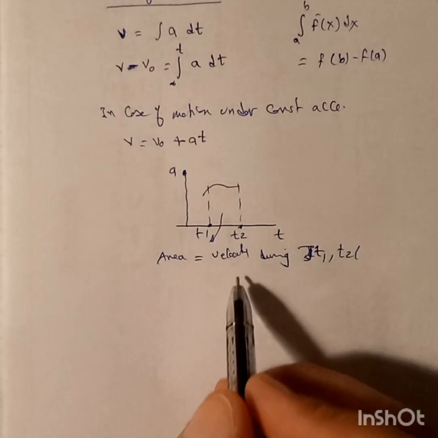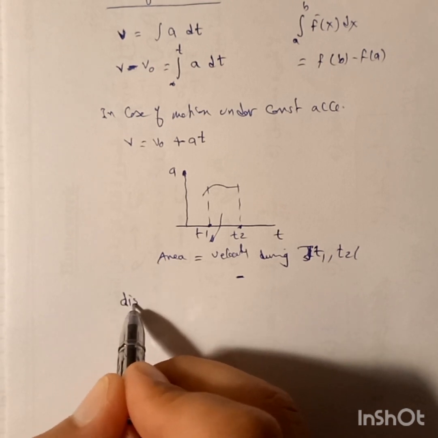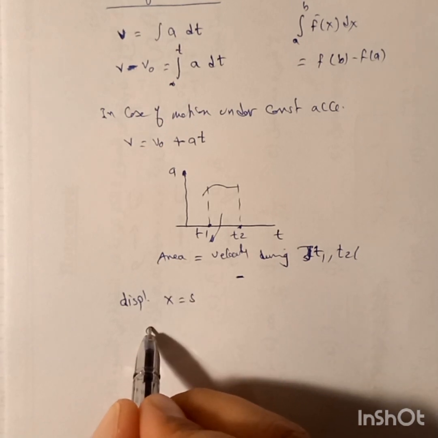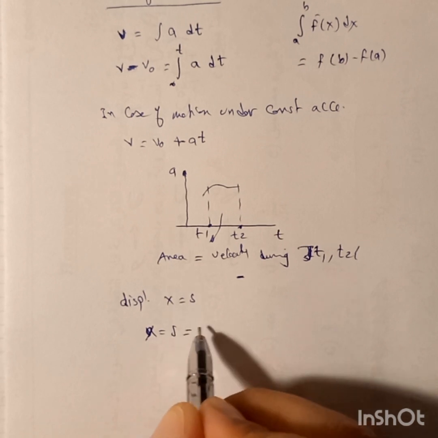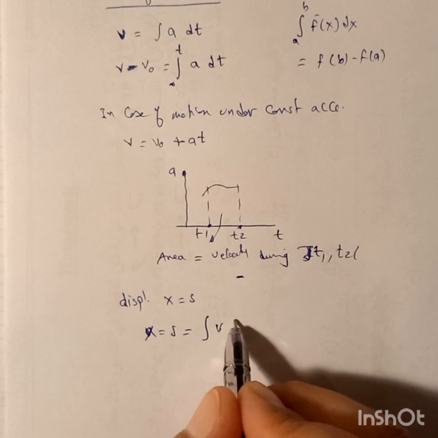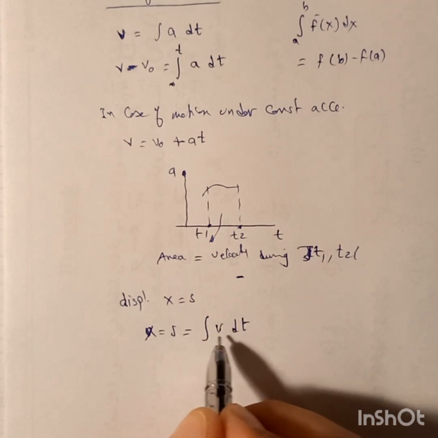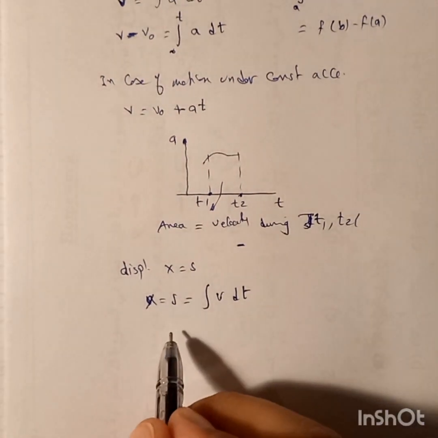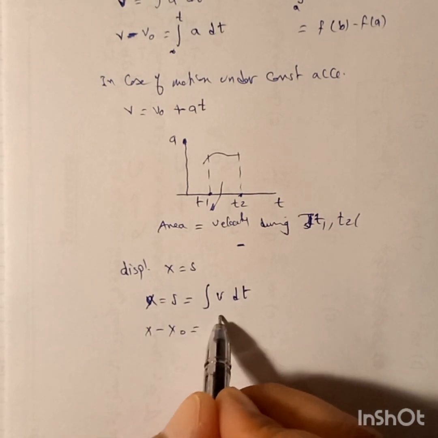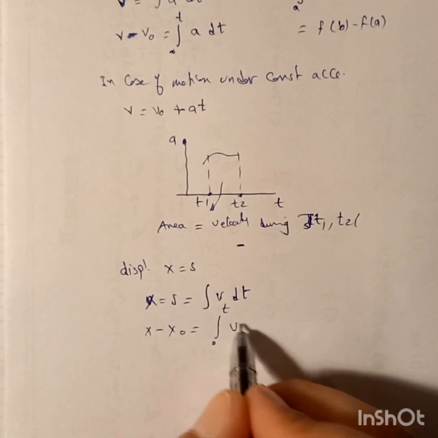Also we can find the displacement. Displacement x or s equals the indefinite integral of the velocity of this body at any time with respect to dt. Then we have x equals the integral of v dt. If we have a starting position, then x minus x naught equals the definite integral from 0 to time t of v dt.